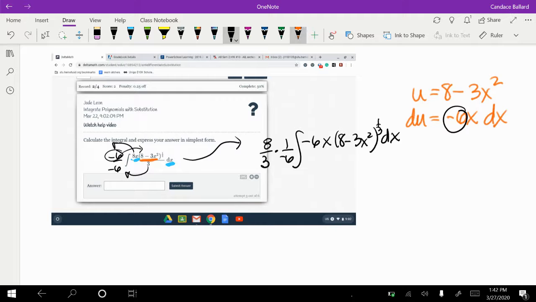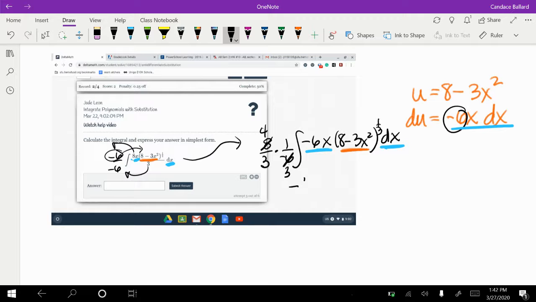All right, so I'm going to match things up. Here is my u. And then this part here, this -6x dx, that's my du. So now I'm going to substitute in. So here I could simplify a little bit. I know that 2 goes into both of those. So 2 goes into 8 4 times and into 6 3 times.